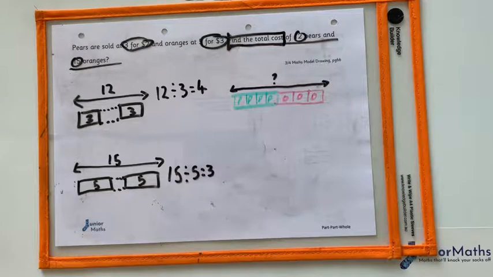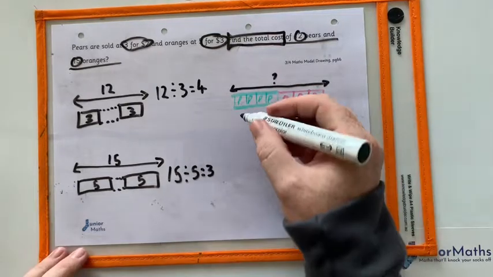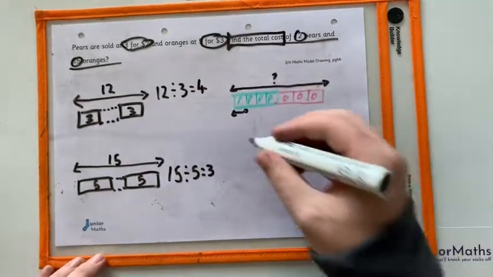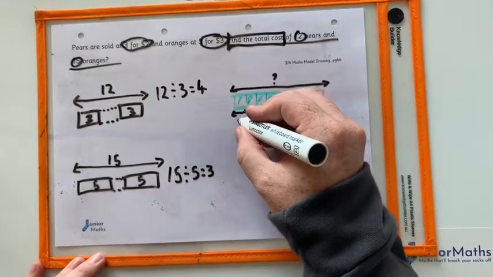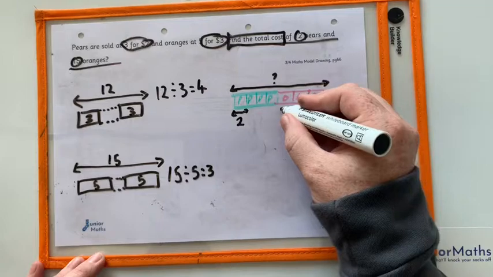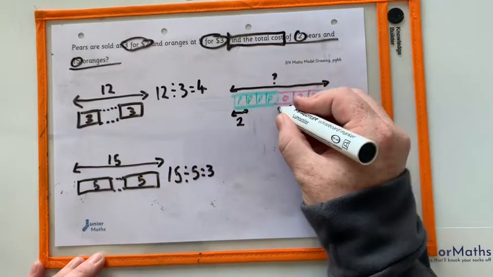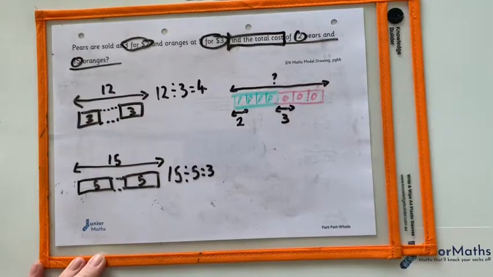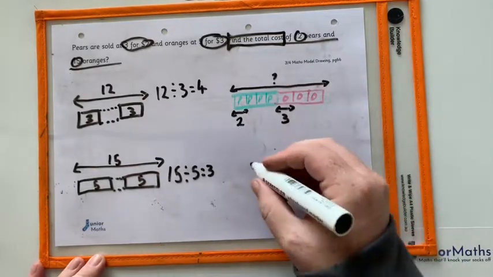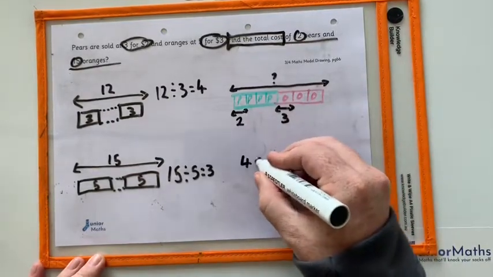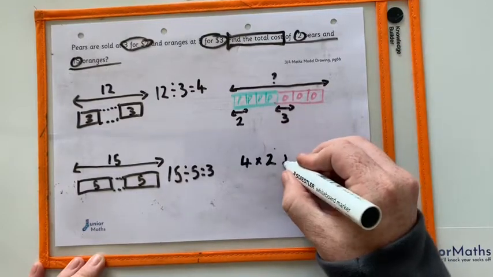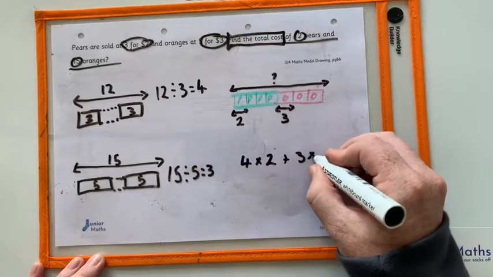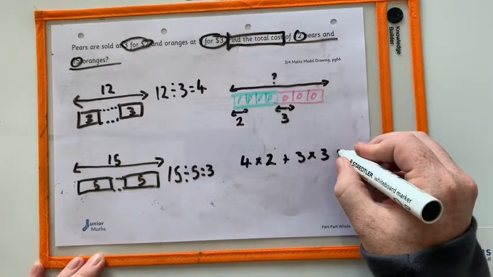And let's remember that each pear packet or lot is sold for $2 and each orange lot is sold for $3. So 4 times 2 plus 3 times 3. And that will give us our answer.